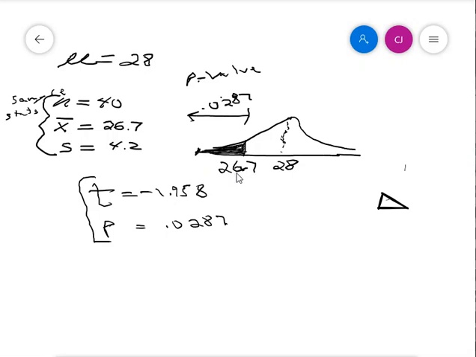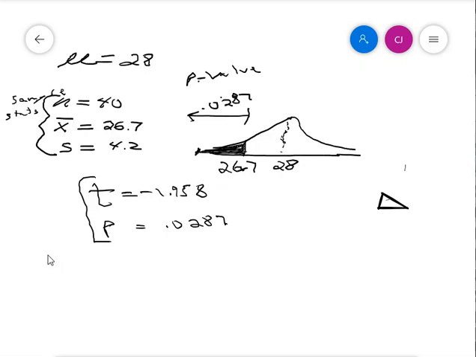So we're comparing things in terms of this area, or what we're now calling the p-value. The p-value is a new term that relates to area under the curve, right? Area under the curve beyond some given value, in this case, our sample mean.